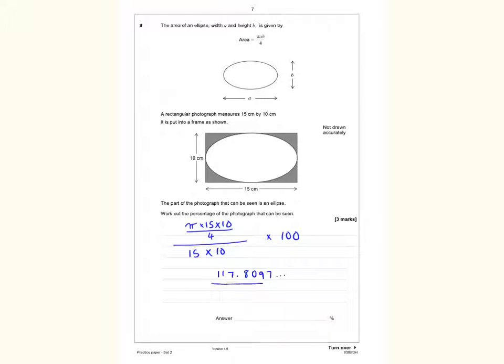Okay, I need to divide that by 150 and times it by 100. Okay, so I'm going to divide that by 150 and then times that by 100, and that gives me 78.5. So that gives me 78.5 to 1 decimal place. Okay, so we'll say 78.5%.